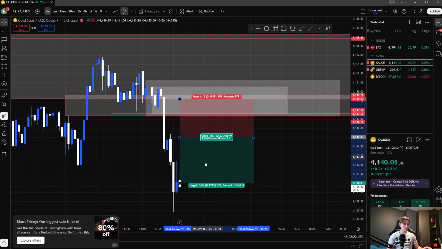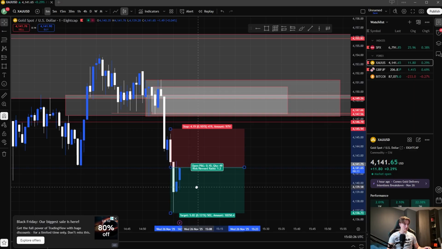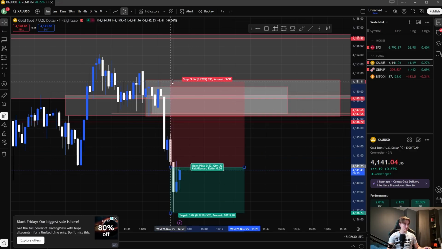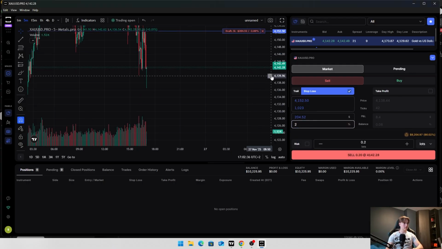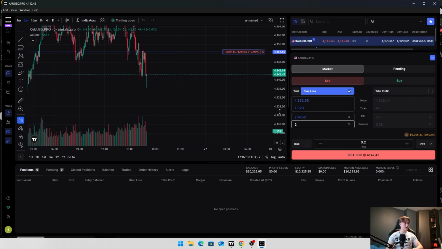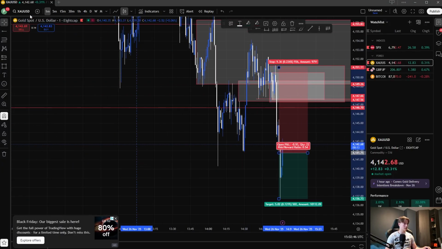So I think we enter the trade. We enter the trade there. We set the stop loss of 2%. We're going to be selling. The market looks like it's shifting the trend.